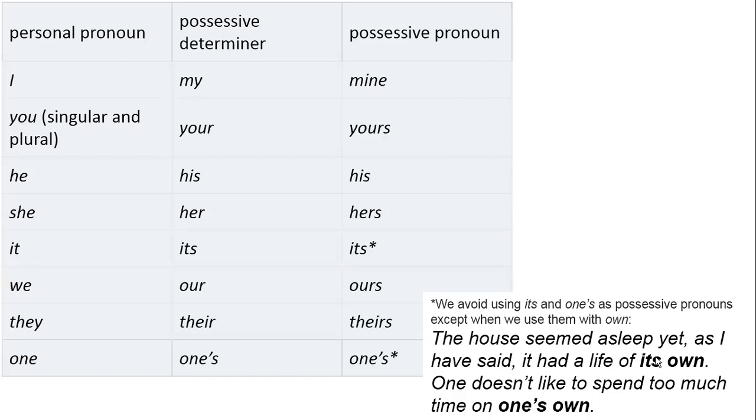So instead of saying the house's quiet, or the house's good color, something belonging to the house, like a nice color. So "its own" here means there's something belonging to the house. What belongs to the house here? Sleep. The house seemed asleep, meaning nobody talks, it's quiet. So here, instead of repeating the house again, I just used this possessive.